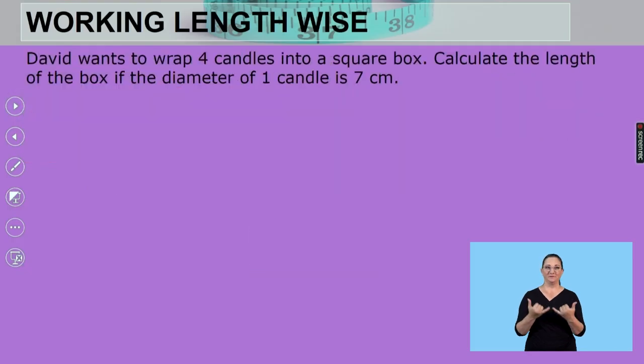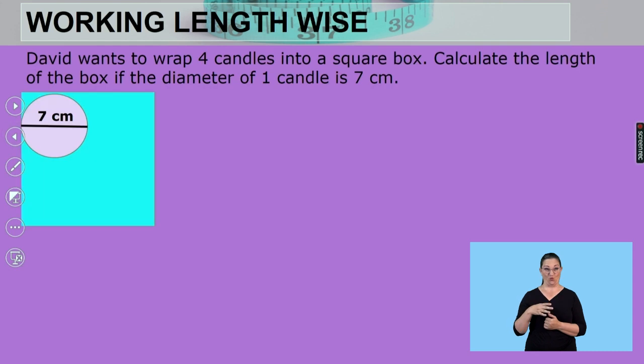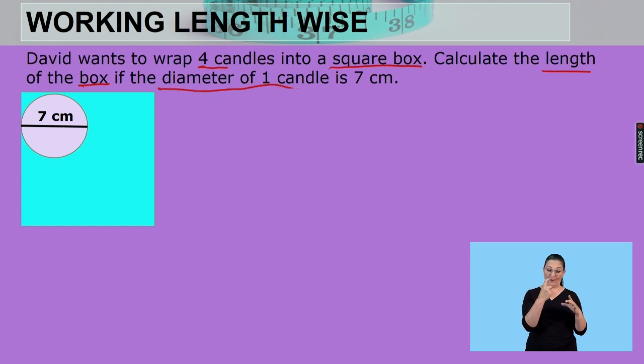Okay, here we go. David wants to wrap 4 candles into a square box. Calculate the length of the box, if the diameter of 1 candle is 7 centimeters, as shown here on the diagram. So, what's happening now?